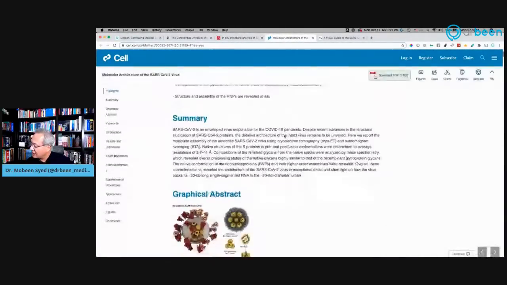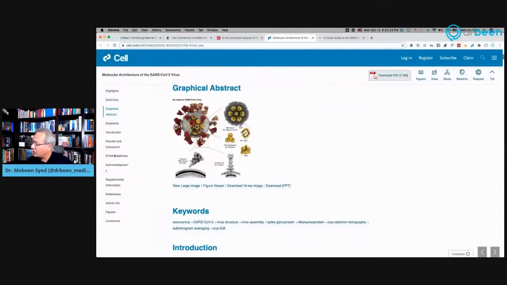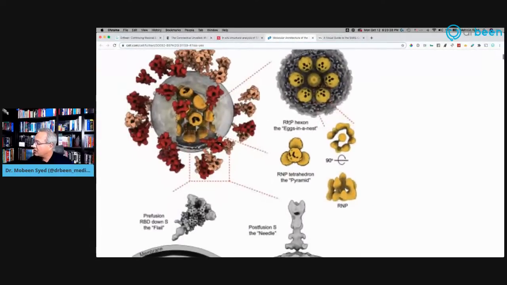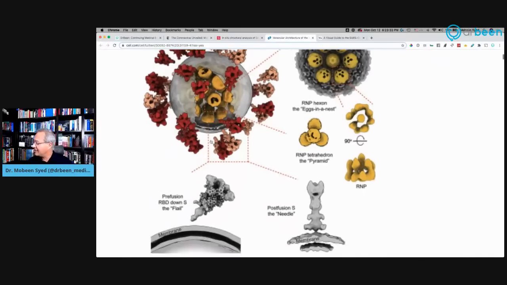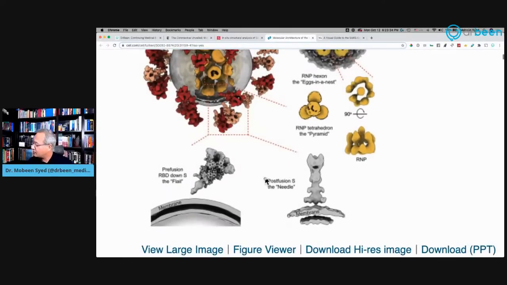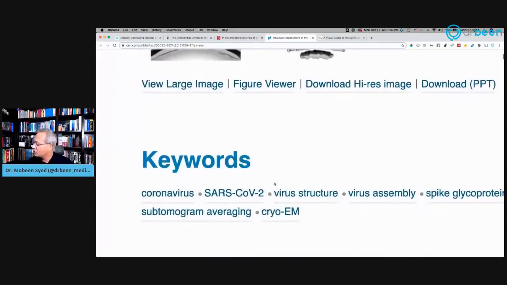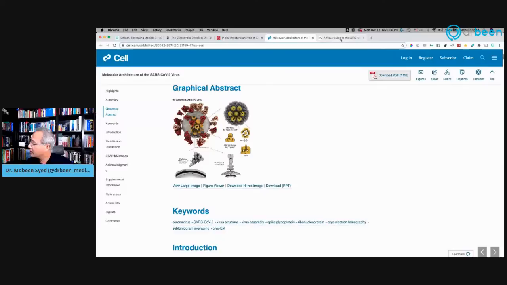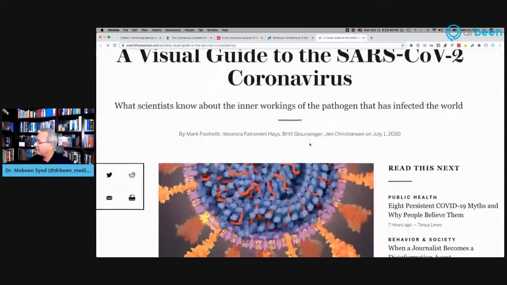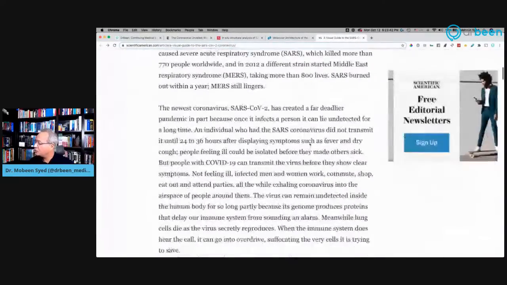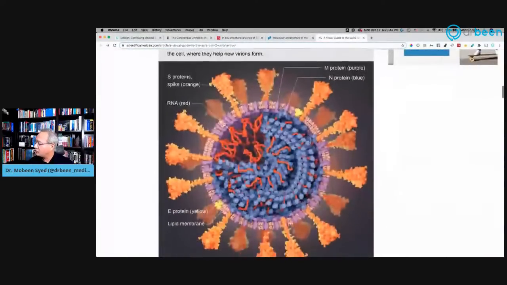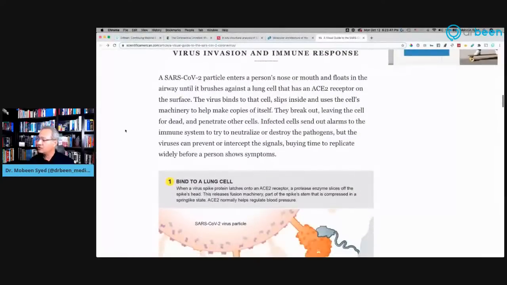The same Dr. Lee, this is another link with his work and how the viral RNAs and nucleocapsids are present inside the virus and how the spike protein is present on top of it. So this is also a beautiful thing to look at. And finally, I loved this one as well. This is a visual guide to SARS-CoV-2, and here they have also discussed various pieces.